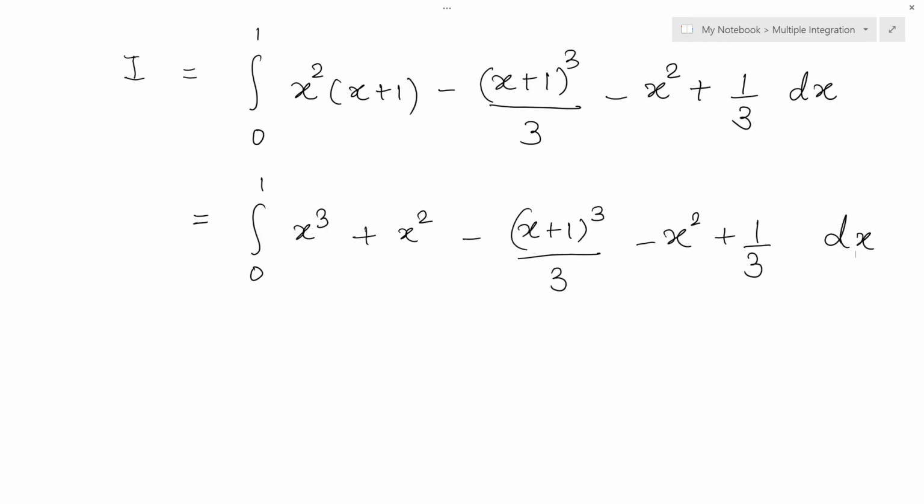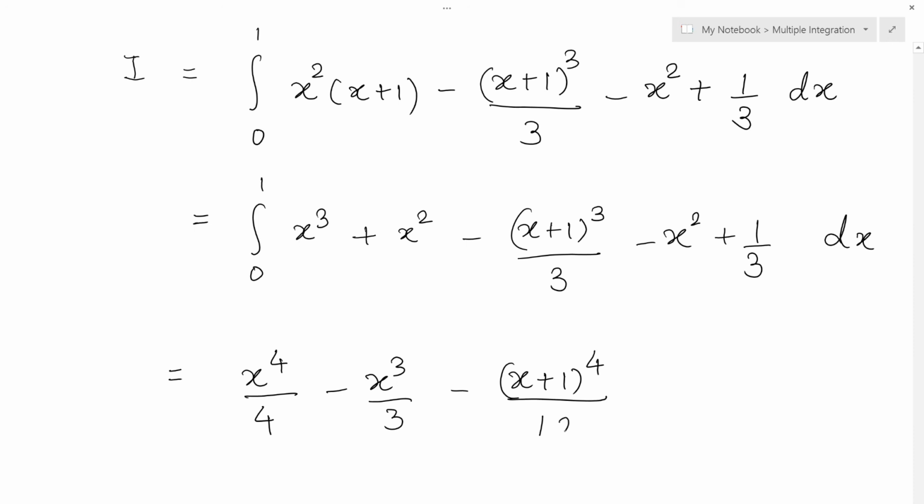Okay, so now let me integrate it one by one. This will be x raised to 4 by 4, x cube by 3. This will be x plus 1 raised to 4 upon 4, and this 3 will give me 12. This will be x cube by 3 and this will be 1 by 3x. So now the limits of integration that I am using are 0 and 1.